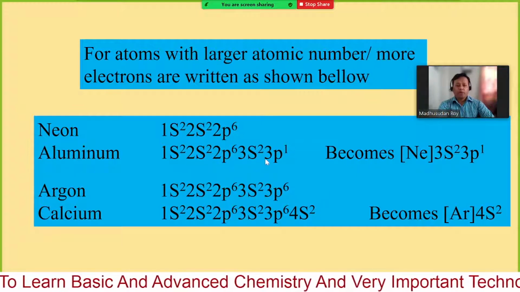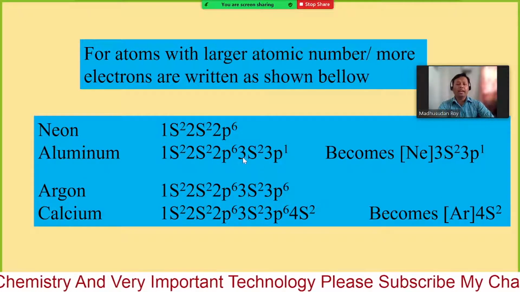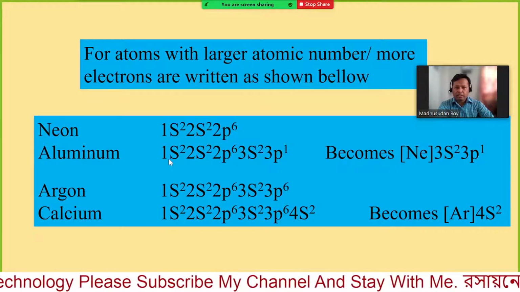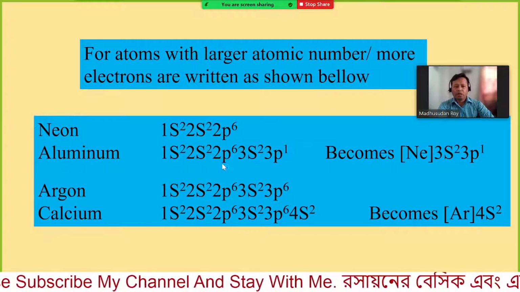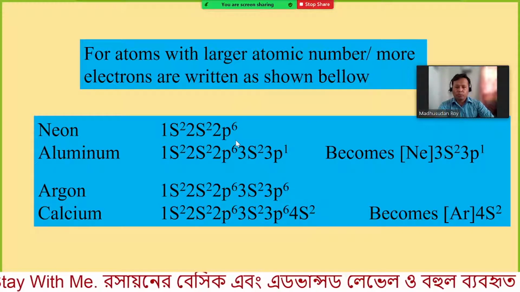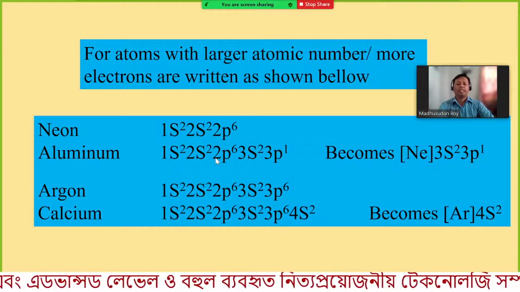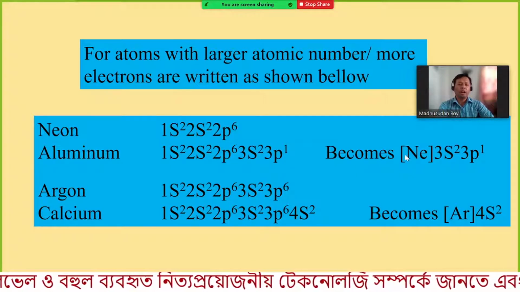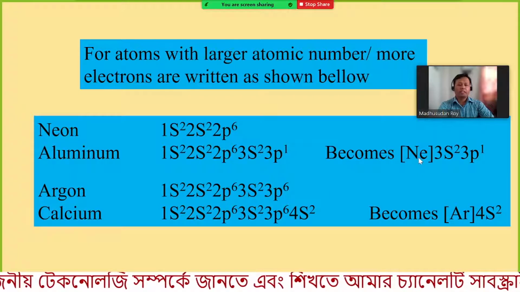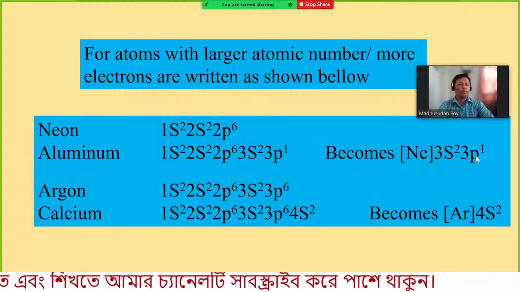This is okay, but if we just copy up to 1s2, 2s2, 2p6, this is the copy of neon. So we can replace this part by writing the symbol of neon in a square bracket, and then the rest of the part, 3s2, 3p1.